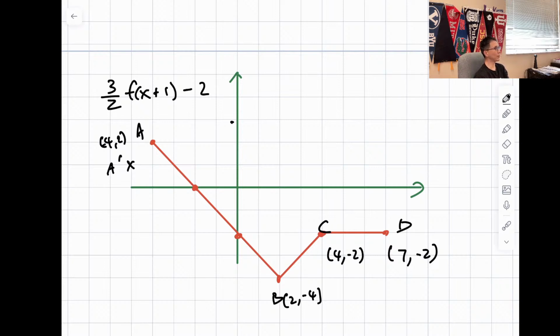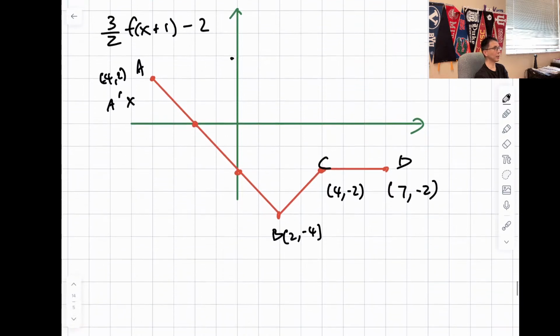Can somebody tell me what B prime is? Yes. 1, -5. Go left 1. Multiply by 3/2. No, I don't think so. It's gonna go down 2 more units. I don't think your B prime's right. Pay attention. So imagine this, right?